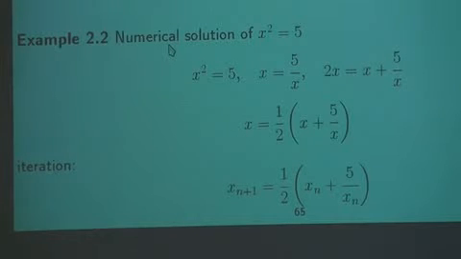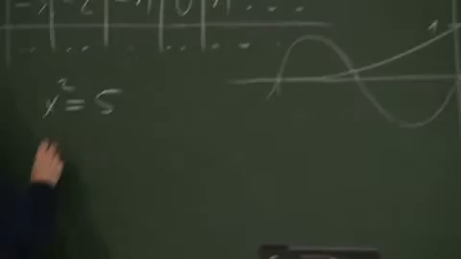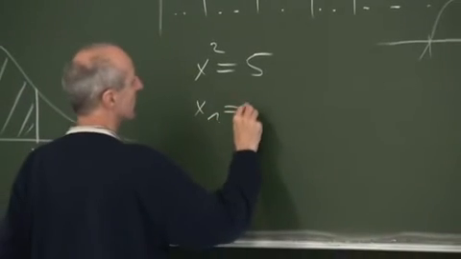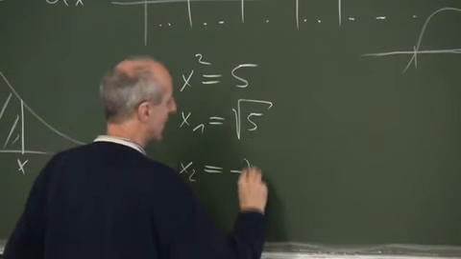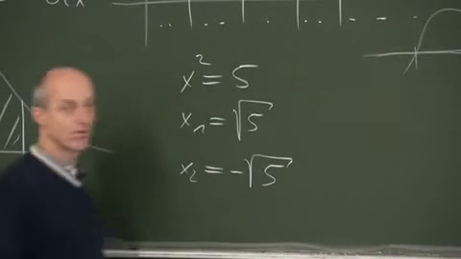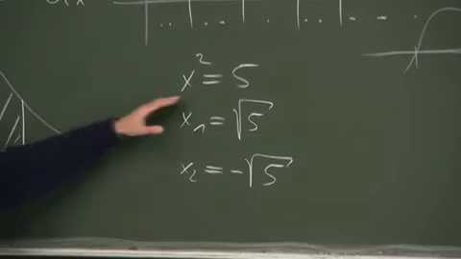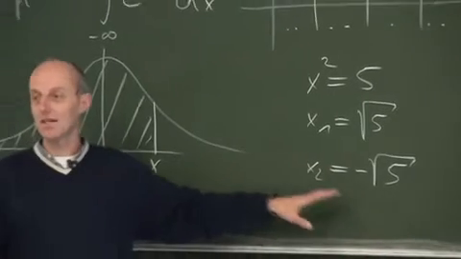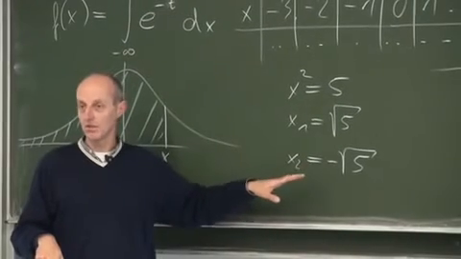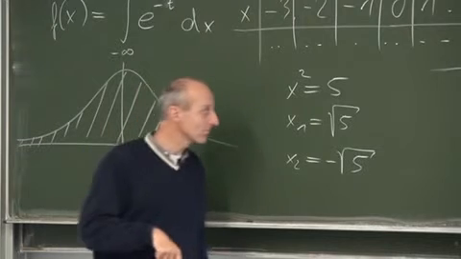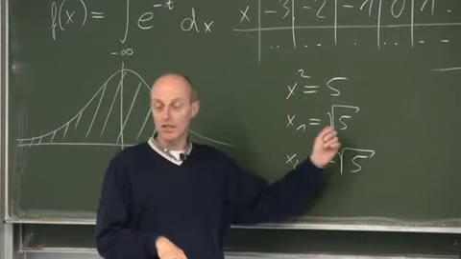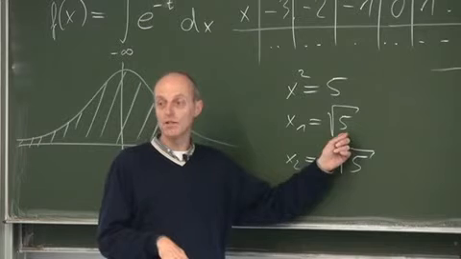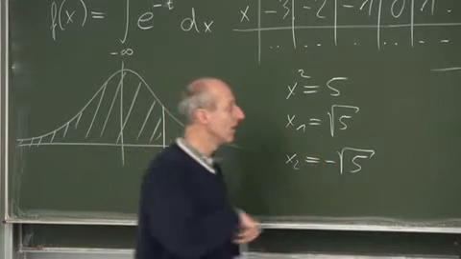Of course we can say x1 is equal to the square root of 5, and x2 is equal to minus the square root of 5. And this actually was an exact symbolic computation. And this is good. It's actually the best way to write this solution.